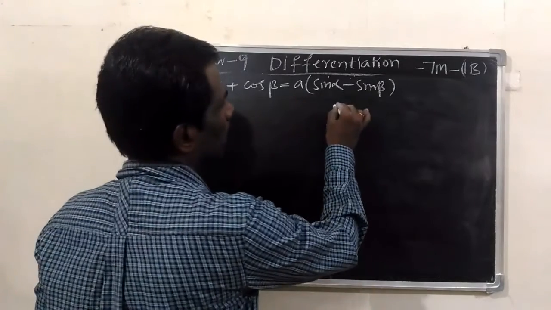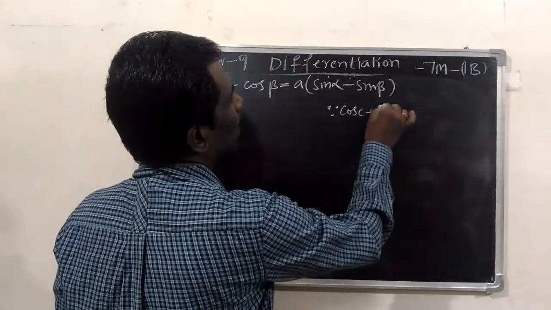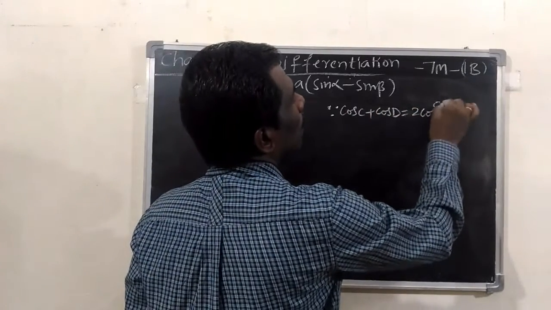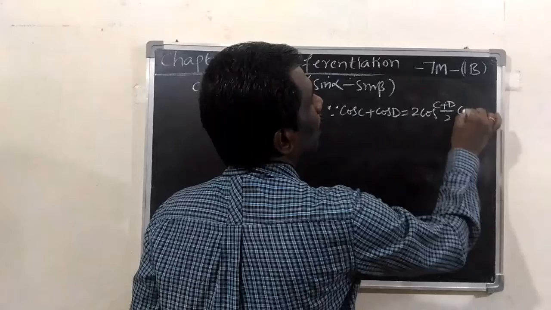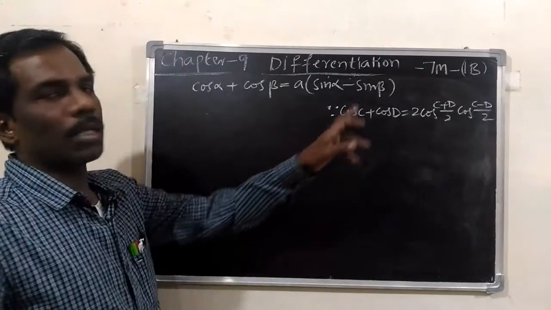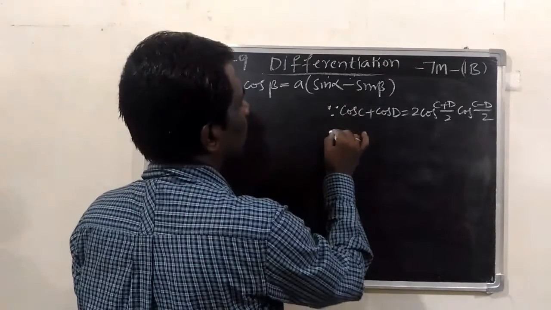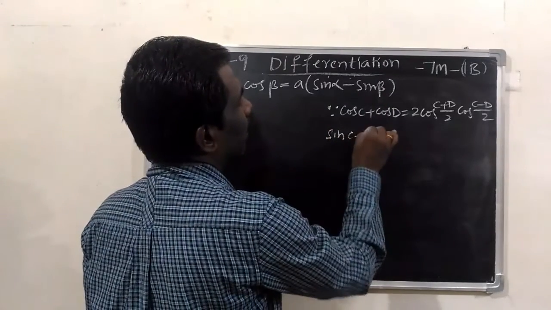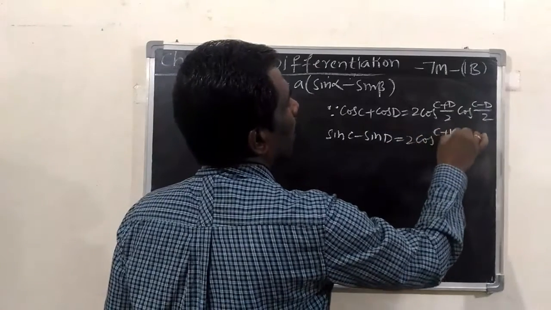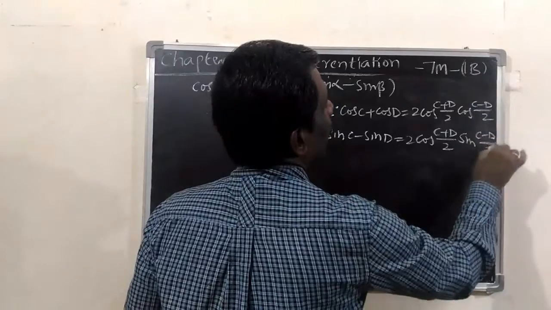We write their formulas. Cos C + cos D = 2 cos((C + D)/2) cos((C − D)/2), and sin C − sin D = 2 cos((C + D)/2) sin((C − D)/2).